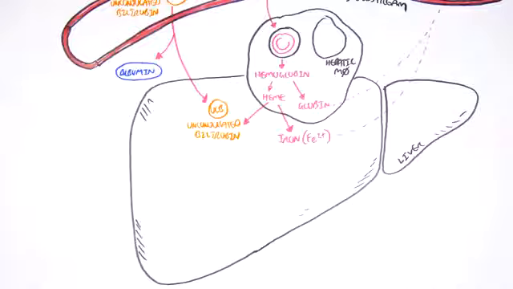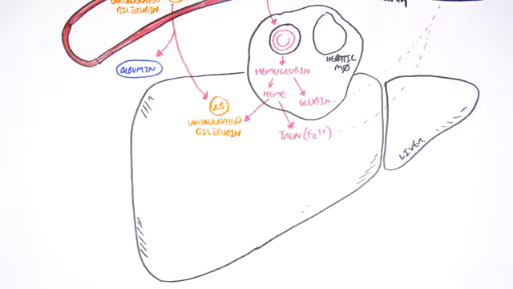Okay, so we end up with the unconjugated bilirubin in the liver. What happens next? Well, remember, the unconjugated bilirubin is lipid soluble. In the liver, there will be a reaction that takes place called conjugation.